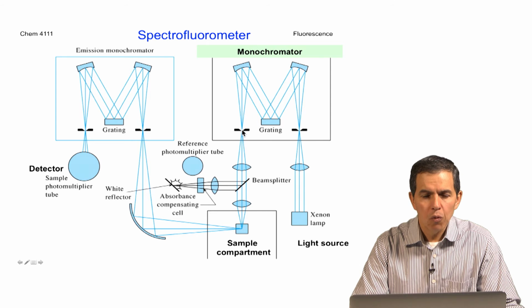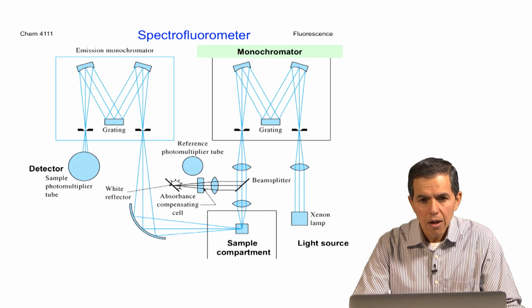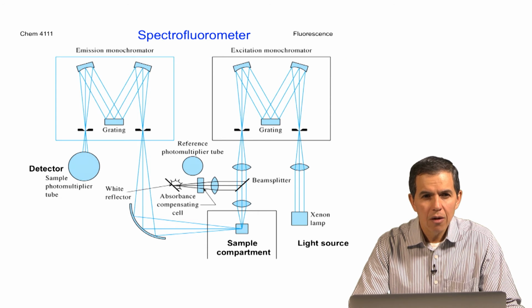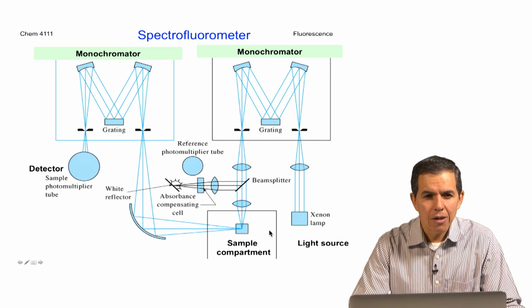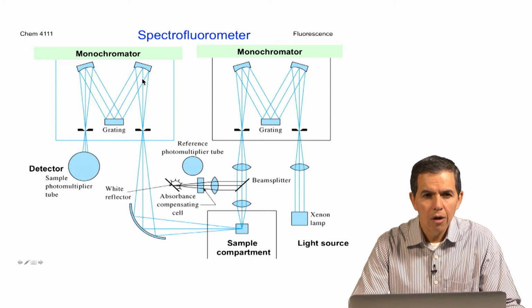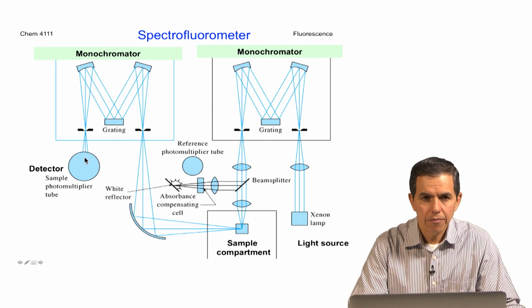By doing that, we could potentially illuminate the sample just with a wavelength of interest so that we can excite the sample. Second, once fluorescence is emitted, we can select the fluorescence emission with a second monochromator that will allow us to transmit the light or fluorescence of interest towards the detector.